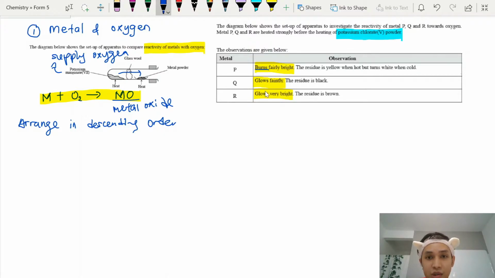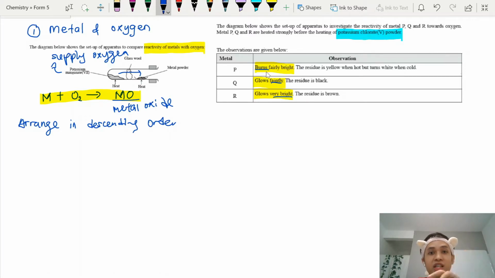Now, after burn is what? We have two glows here, but this one glows very bright and this one is faint, meaning this one is more reactive than Q. So if I were to arrange it in descending order, meaning from more electropositive to less, P is the most reactive, followed by R, followed by Q, just by looking at the observation here.